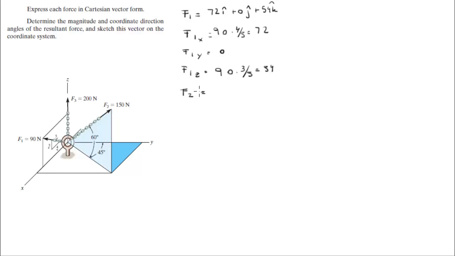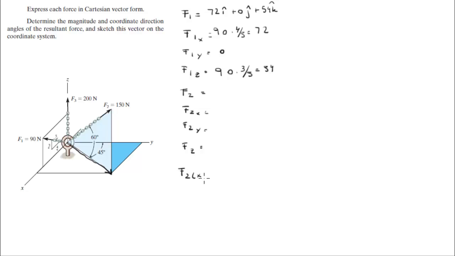F2 is the tricky one, not really. F2 has an X component, a Y component, and a Z component. Now the first thing we're going to find is this vector right here. It's a projection of F2 into the X and Y plane.